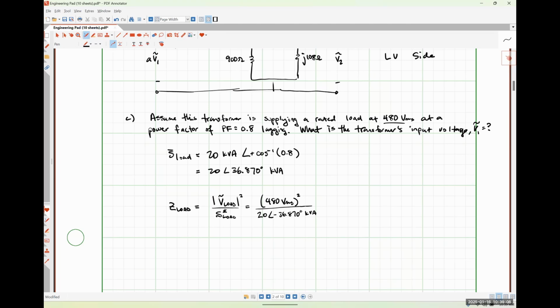I wind up getting an impedance in polar form of 11.52 with an angle of 36.87 degrees ohms, or in rectangular form, this is 9.216 plus j6.912 ohms.